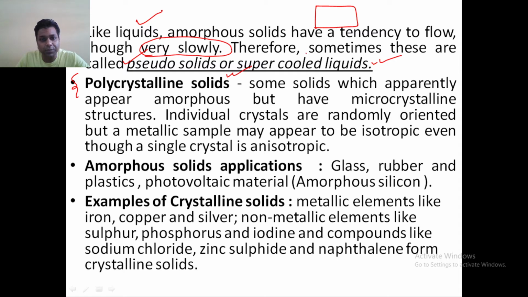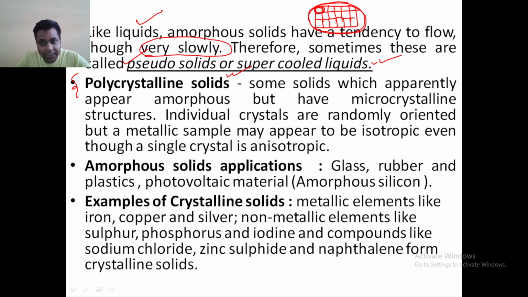For example, this is your material. As a whole, this material will seem to be amorphous, but when you take it at the microscopic level, or very small parts, when you cut it this way, each small part will have the nature of a crystalline solid.